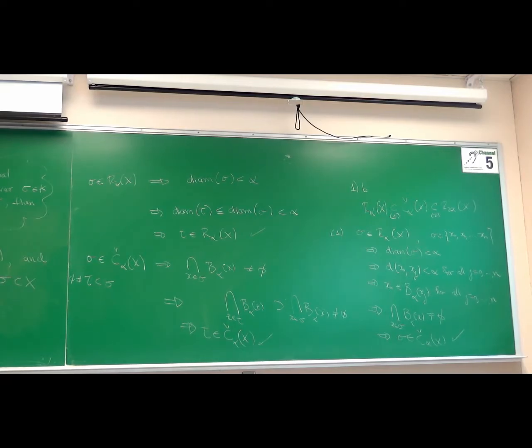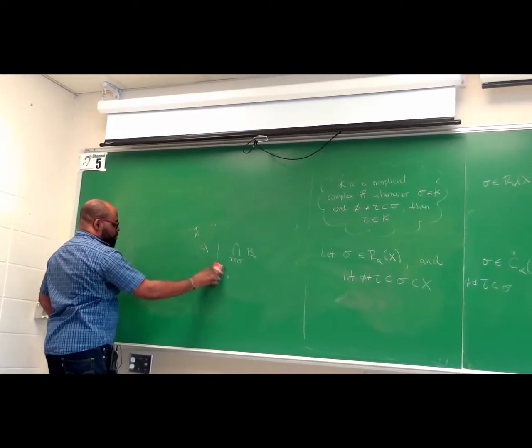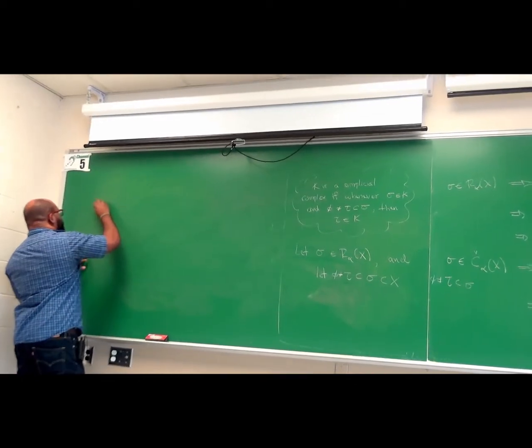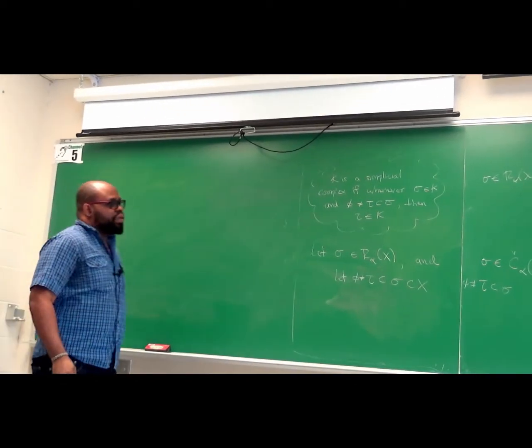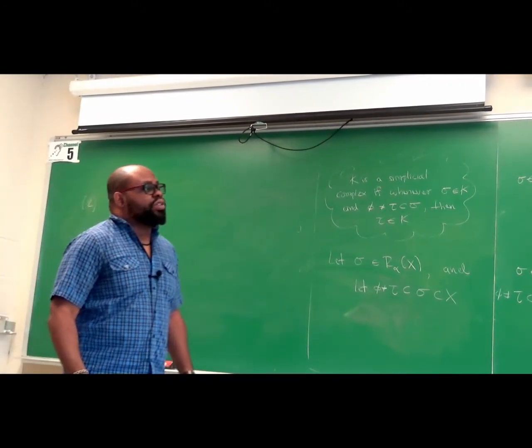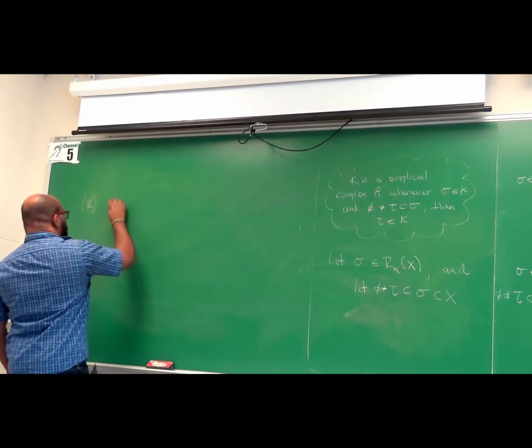And then for number 2, let's take an element in the Čech complex and try to say that it's in the Rips complex.